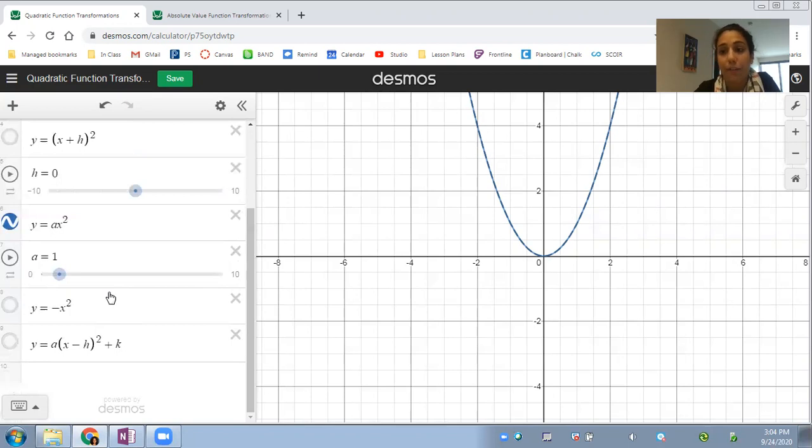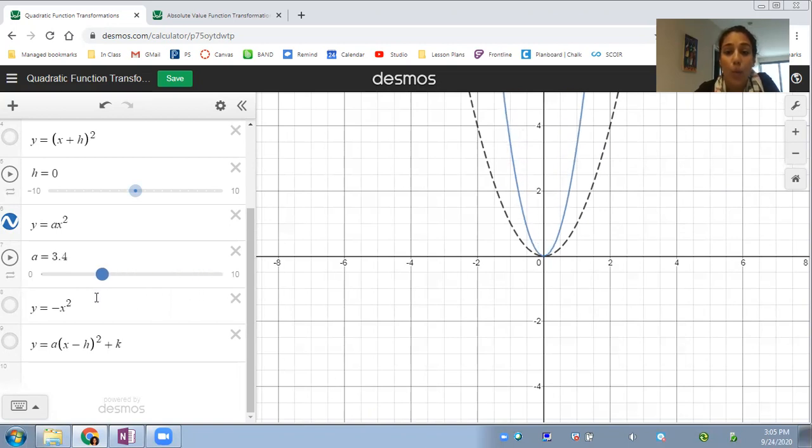Any variable by itself, the coefficient is 1. If I move this and that number gets bigger and bigger and bigger, what happens? The parabola gets skinnier and skinnier and skinnier, or steeper, right? It's growing at a quicker rate, which is true. It is growing at a quicker rate because it's being multiplied by a number.